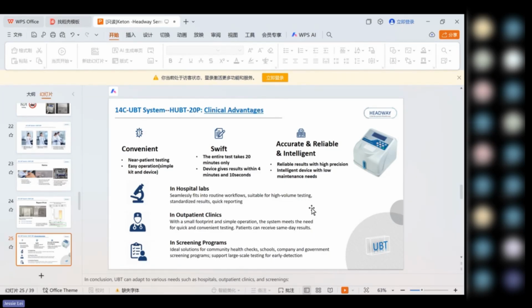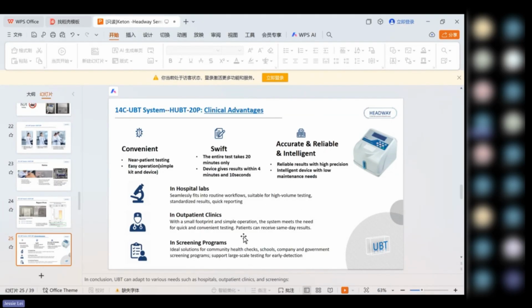The whole test procedure takes only 20 minutes, and the device can get results within 4 minutes and 10 seconds. And its result is accurate and reliable. Advantage 3, the machine is intelligent, with lower maintenance needs.